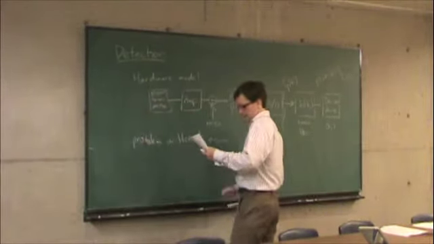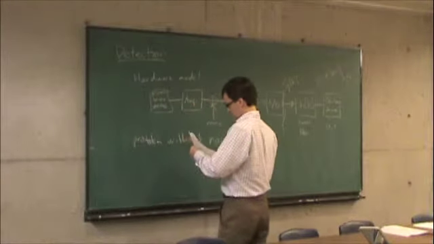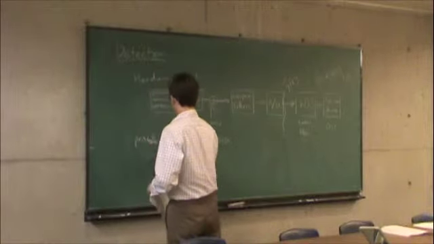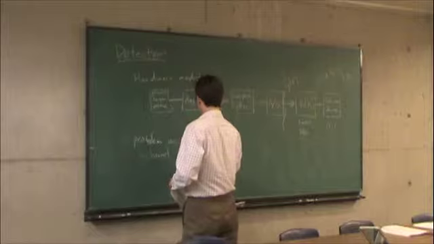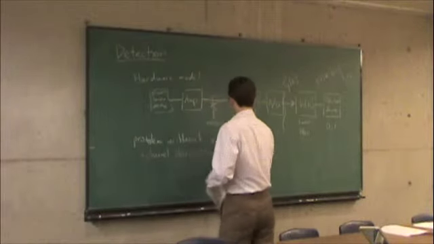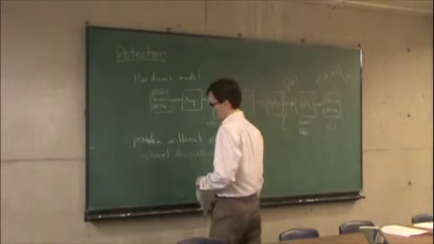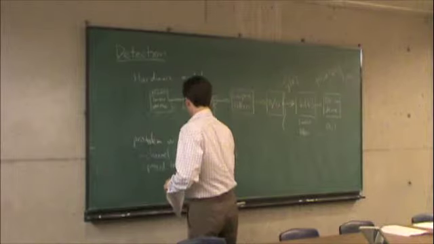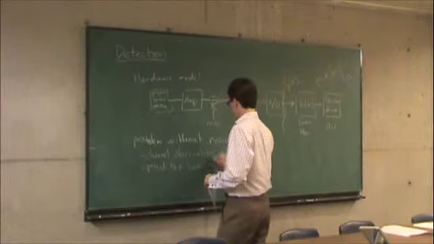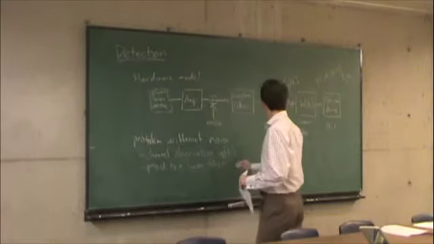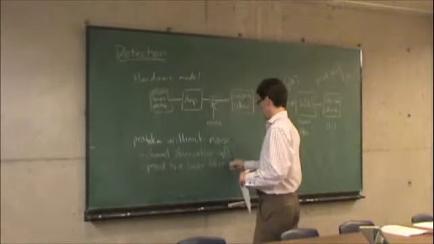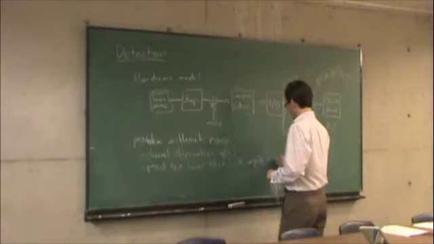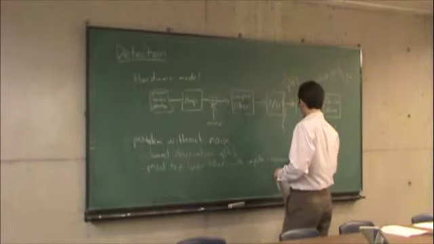So, we have the channel observation y of k, which is passed to the linear filter with impulse response h of k.